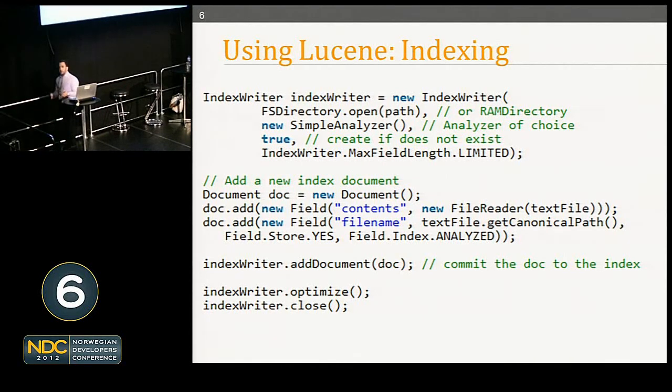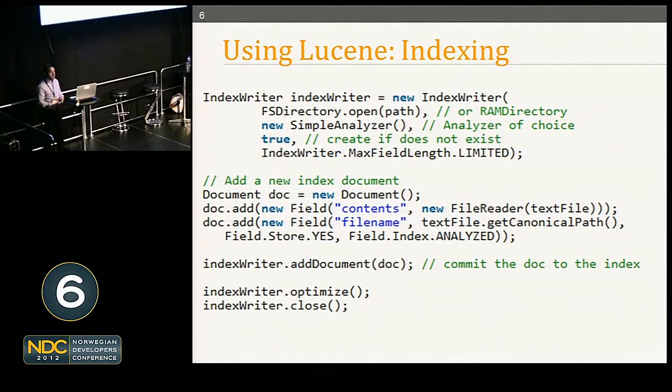Directories, we have quite a few of them. We have the FSDirectory, which is a file system directory. I want to write this index to the file system. I also have the RAMDirectory, which I might use to perform faster searches in RAM if I don't want to actually persist that index.